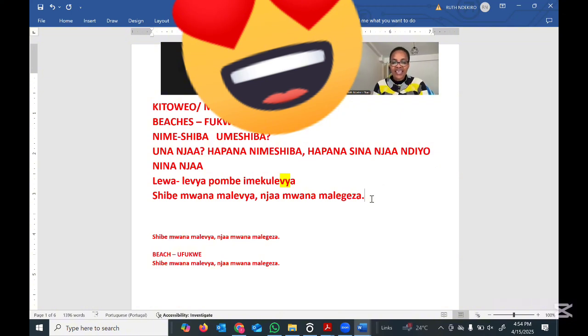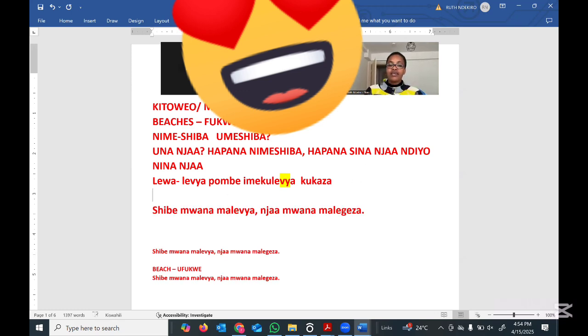That is why it is in the methali. It is a proverb. So legeza, how is to tighten? If legeza is to lose, then to tighten is kukaza. Kaza or kukaza. Okay, so we were here.